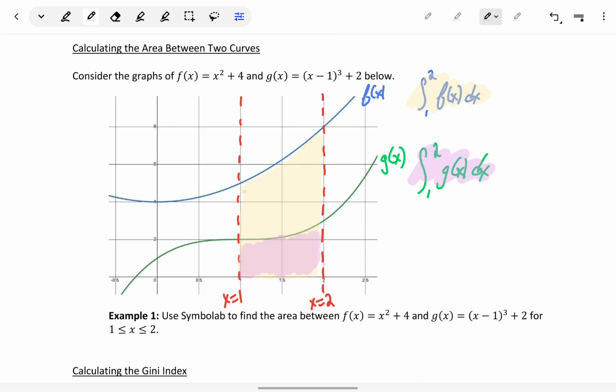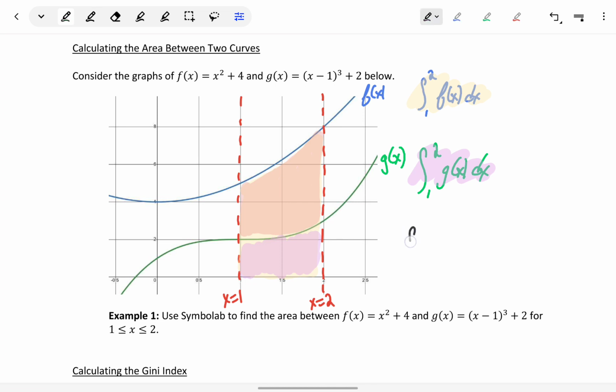What this suggests is that we can also find just the area between f of x and g of x, and we could do that by calculating the total area below the function f of x and then subtracting out the area below the function g of x.